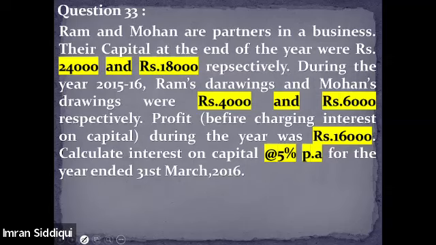To find out the interest in this question, we will have to calculate the opening capital balance of the partners. All right, Alexander, is that clear to you? Yes, sir. Okay, so in order to find out the opening capital balance, there is a formula that will be applied to determine the opening capital on which the interest will be charged.